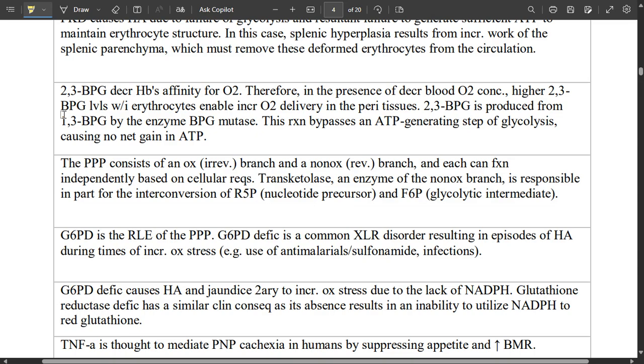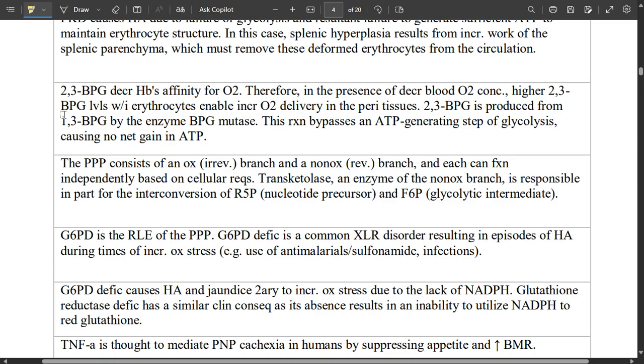2,3-BPG decreases hemoglobin affinity for oxygen, thus causing a right shift in the oxygen hemoglobin dissociation curve. Therefore, if there is decreased blood oxygen concentration, higher 2,3-BPG levels within the erythrocytes enable increased oxygen delivery to the peripheral tissues.